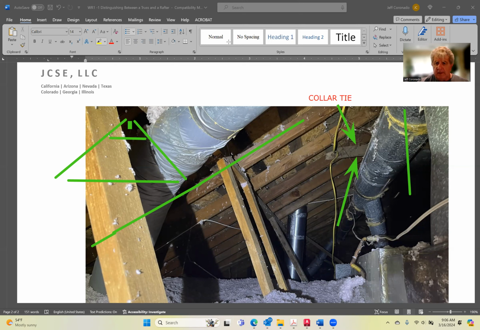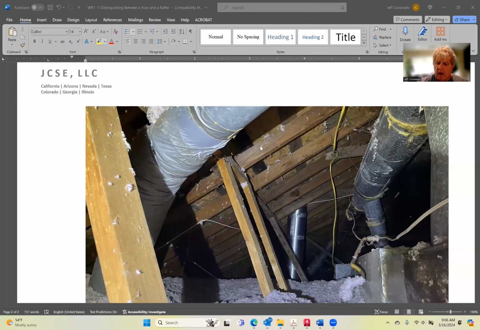Let me clear the screen and summarize this a little bit. So we've got rafters here. We can even back up here. We've got wood structural panel sheathing here, skip sheathing here, rafters, a collar tie here. And notice how the collar ties don't occur at every rafter.